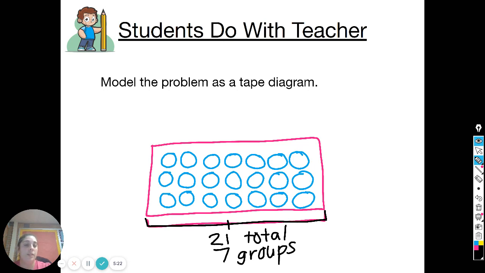So what I need to do is actually break those into 7 groups. 1, 2, 3, 4, 5, 6, and then 7. I'm going to give you just a minute to catch up.